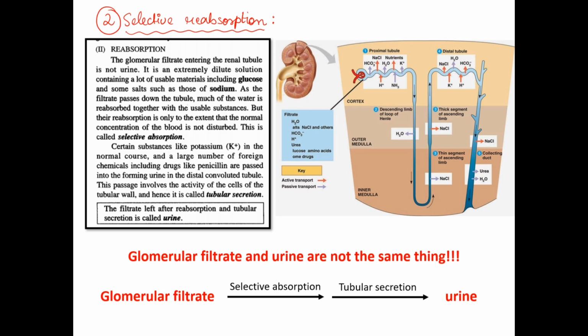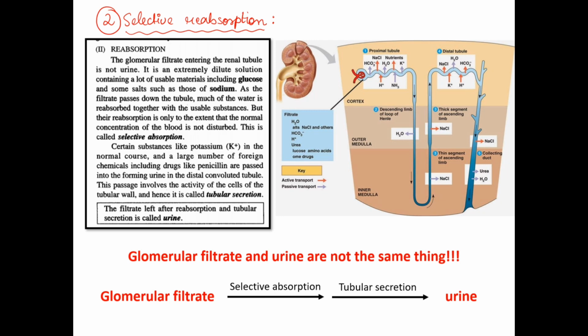The glomerular filtrate, which has entered the proximal convoluted tubule from the Bowman's capsule, is a very dilute solution because it only has the liquid part of the blood. Along with that, it also contains usable substances like salts and glucose. So our body does not want to waste all of this by passing it out through the urine.